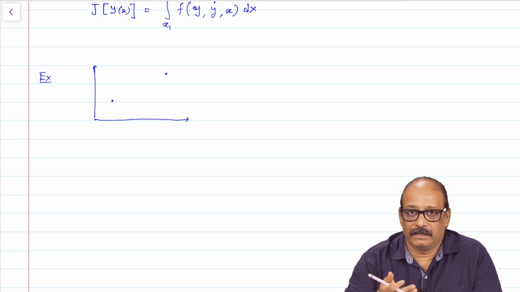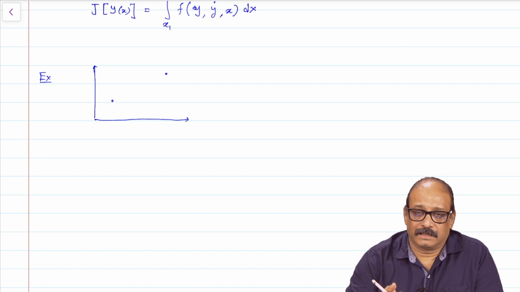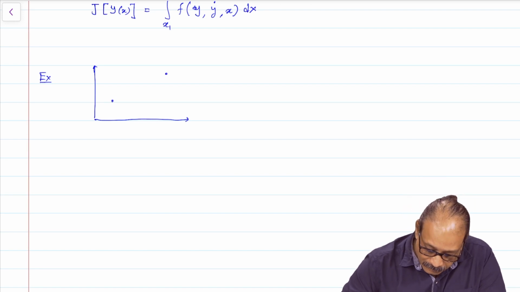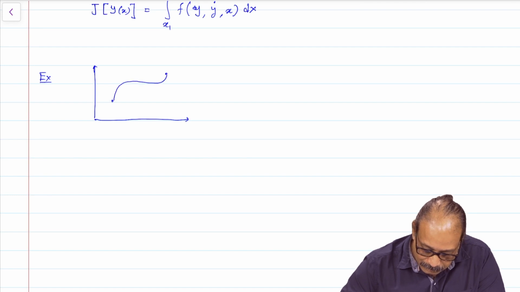If it is a Euclidean plane, we already know the answer, it is a straight line path between the two. But anyway, we will pose this problem. So, if I take some path between these 2 points, this is x1 and this is x2.